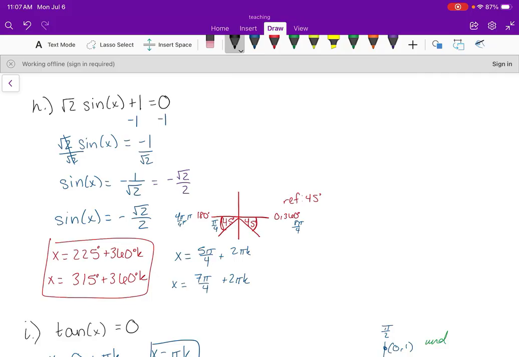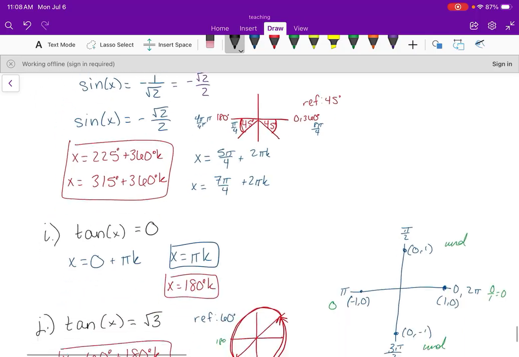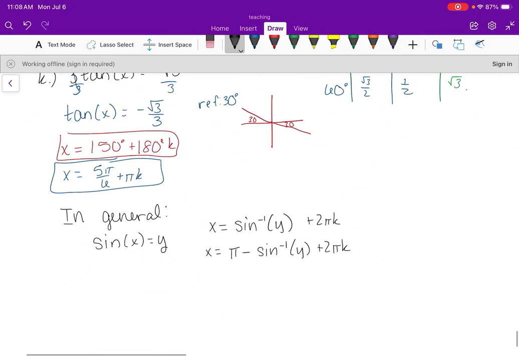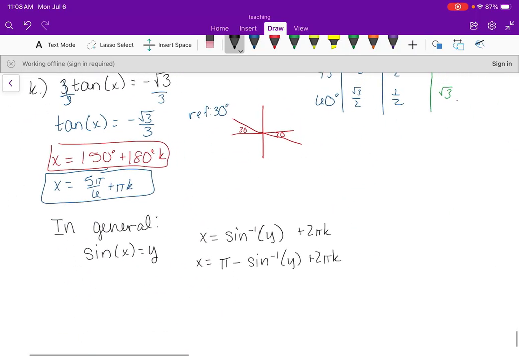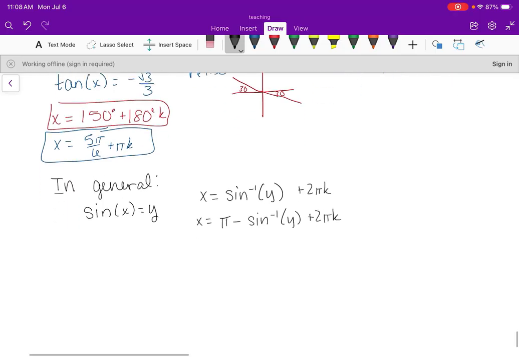Then if I had done pi minus negative 45 degrees, that's pi plus, or 180 plus, so that's 225. So inverse can give you one of the answers. Be careful, inverses can only give you 1 or 4: 1 if it's positive, 4 if it's negative. And then the pi minus the inverse gives you that second answer.